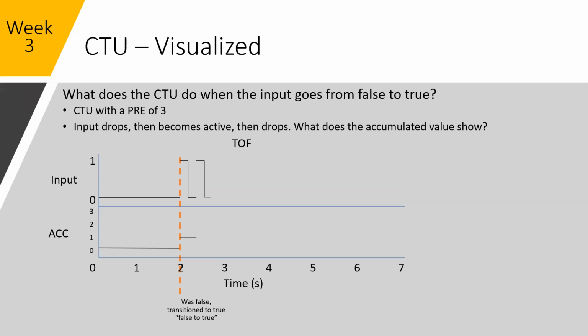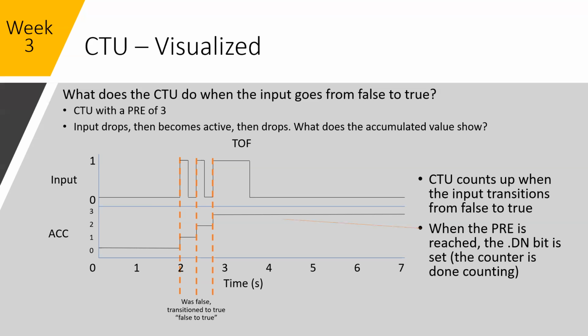On the second rising edge, the counter will accumulate to 2. And then on the third one, the accumulator reaches 3. So for a preset of 3, the done bit will turn on once the accumulator reaches the preset.